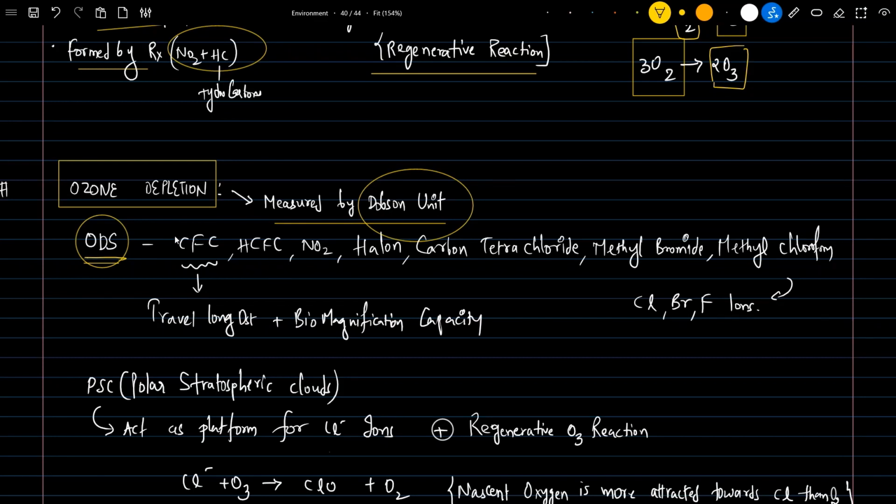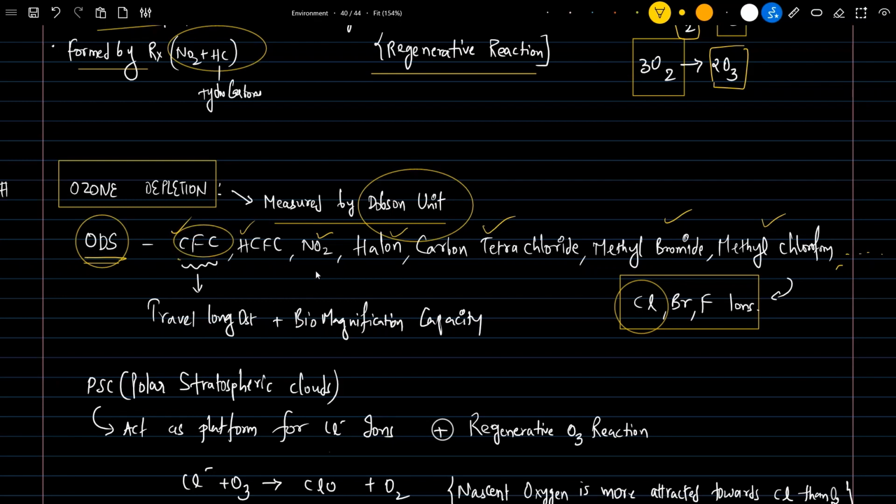What are these? Chlorofluorocarbon, hydrochlorofluorocarbon, NO2, halon, carbon tetrachloride, methyl bromide, and methyl chloroform. There may be other components too. All these ozone depleting substances majorly consist of fluorine, bromine, and chlorine ions, most majorly chlorine.